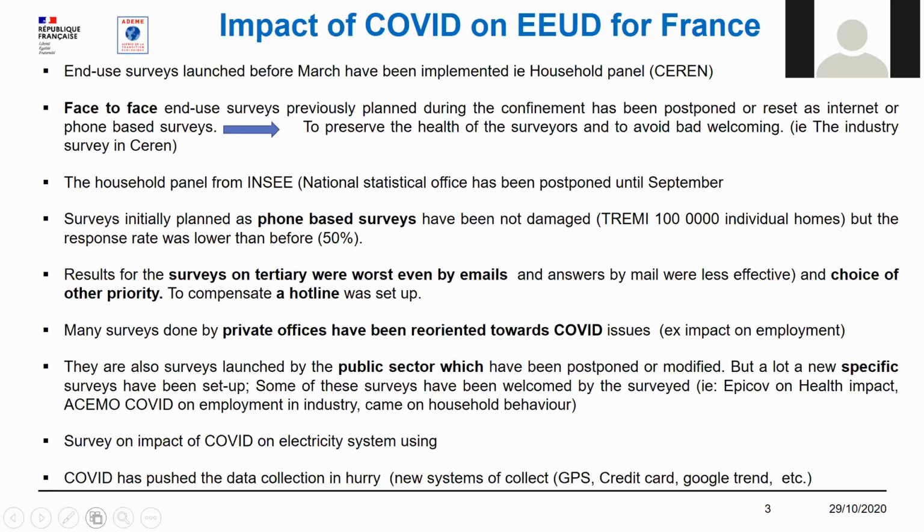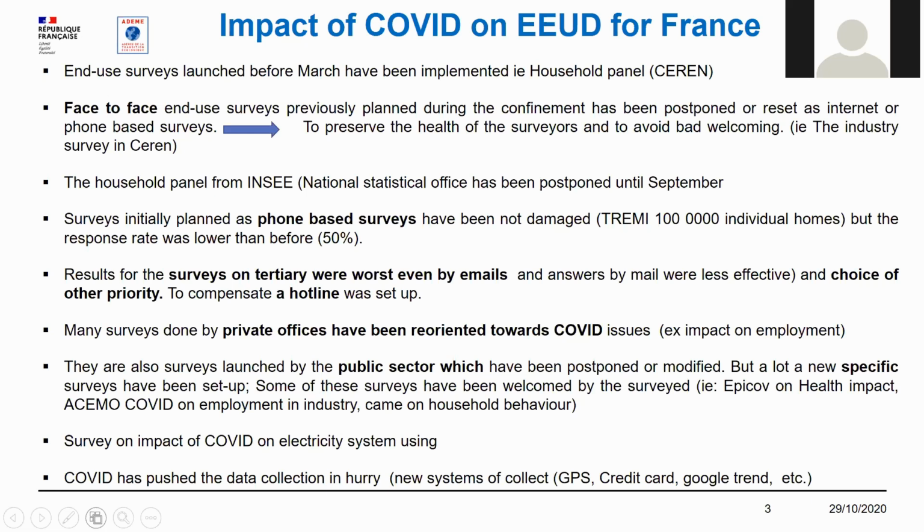We also have some surveys for electricity, where the electric utilities survey how COVID has impacted electricity use by their customers. So it's more or less what our colleague Giovanni presented.